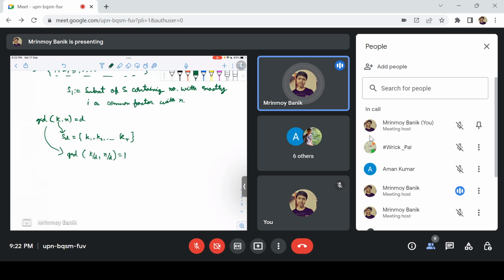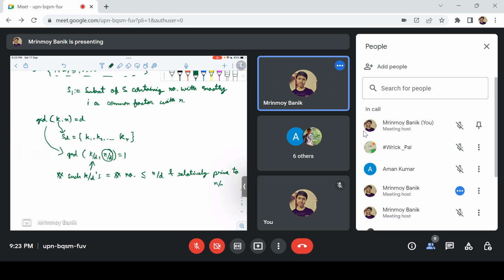Then you can treat this like a prime number case, and find how many numbers there are which are relatively prime. So the number of such k's equals the number of numbers less than or equal to n by d, and relatively prime to n by d.